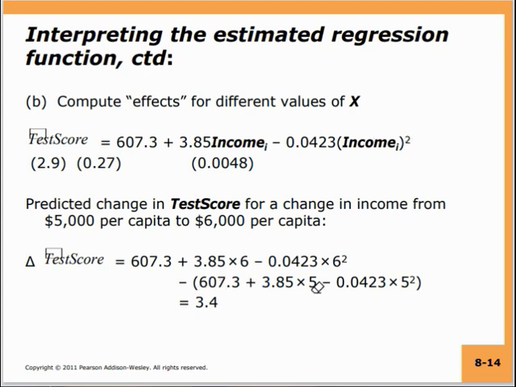Minus what it is in the other district which has lower income per capita, that is 5: minus 0.0423 into 5 square. See that the coefficients remain the same in both cases, only the value of the income is changing from 5 to 6. What is the expected change in test scores between these two districts? The expected change in test scores is 3.4. So in the richer district, the students do better in their test scores.